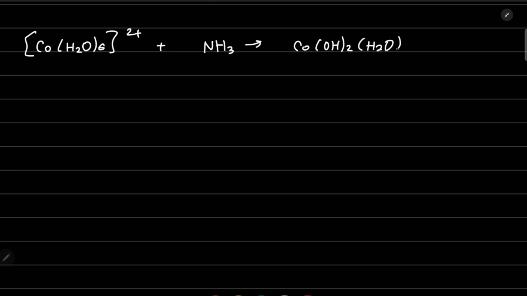For cobalt, Co2+, we had [Co(H2O)6]2+ reacting with ammonia. This will form Co(OH)2(H2O)4. So this one is common over here.